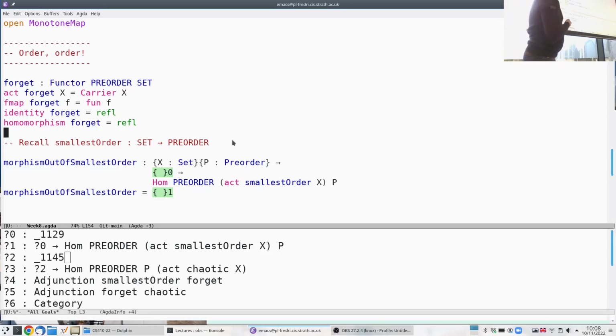So we have this construction, which for every set gives us a pre-order, and it plays nicely with functions. It gives order-preserving morphisms. But you could now ask more generally, what do you need to do in order to give an order-preserving morphism out of this thing into some other pre-order P?